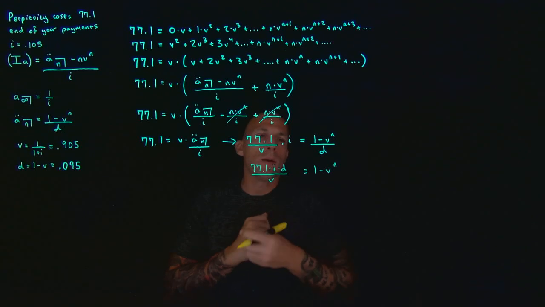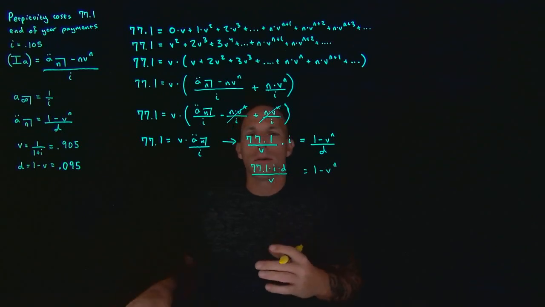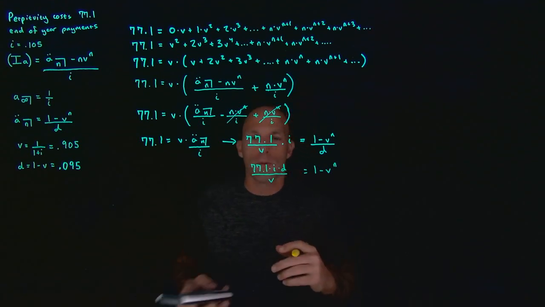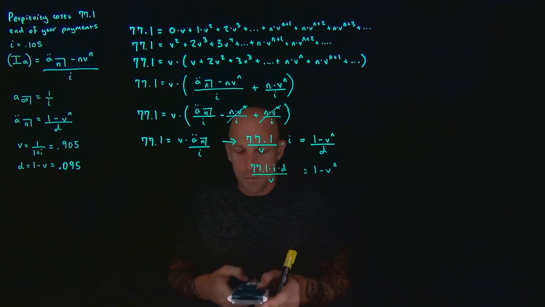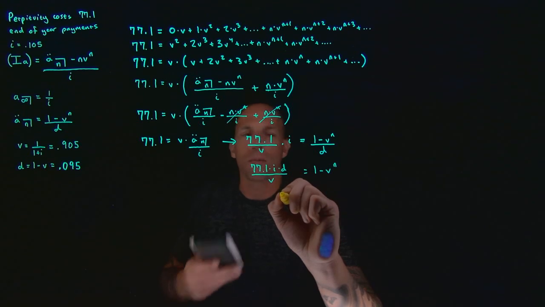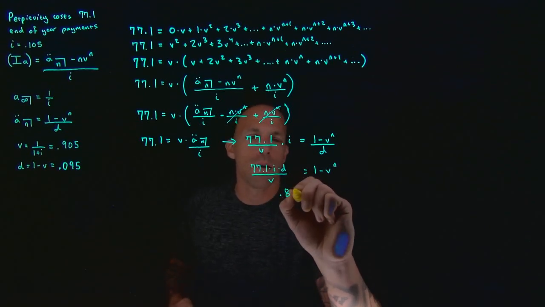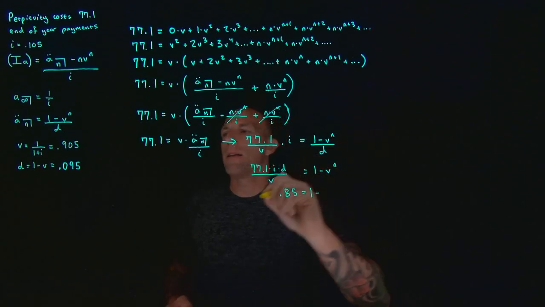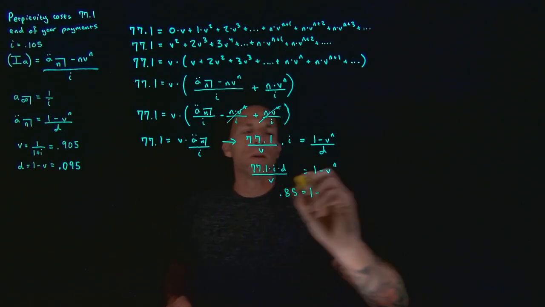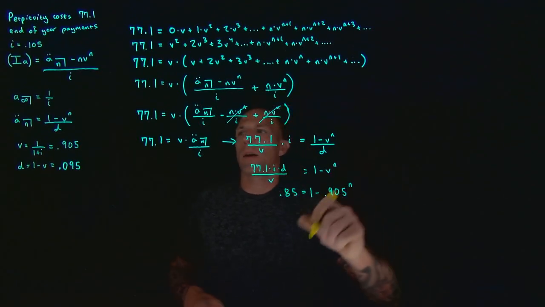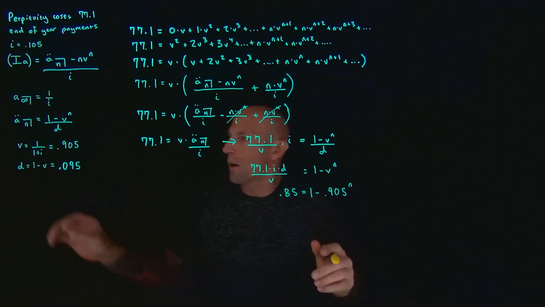And while we could keep going here, at this point, I am ready to convert this into a single value. So if we go to our calculator and we do 77.1 times i times d over v, we're going to get something that is just about 0.85 equals 1 minus v to the n. But of course, we know v is 0.905 to the n.